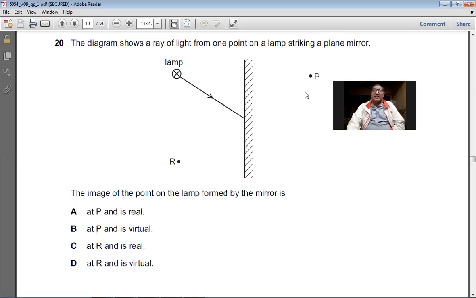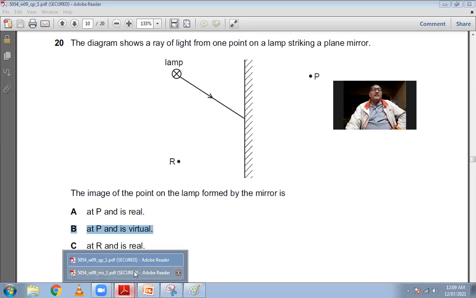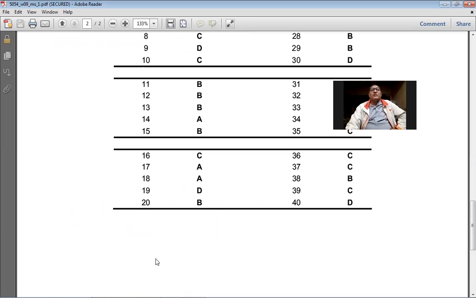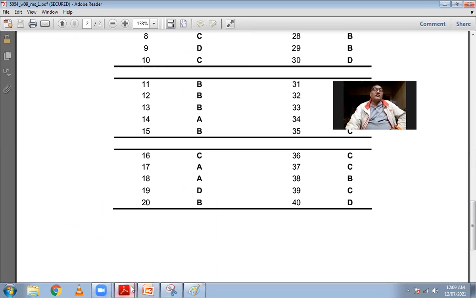So here the two lines will intersect. Here you will see the image. Because this is a plane mirror, the image formed will be virtual. So the image will be formed at P and it will be virtual, I think. Question number 20, B is the right option, sir.